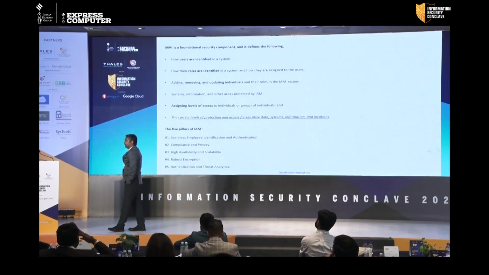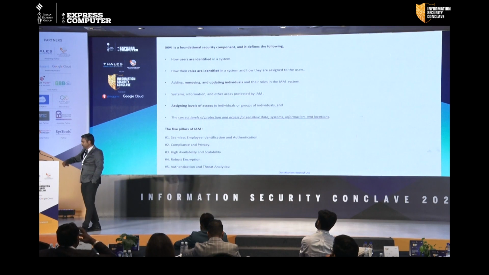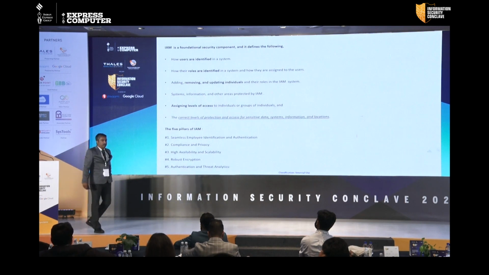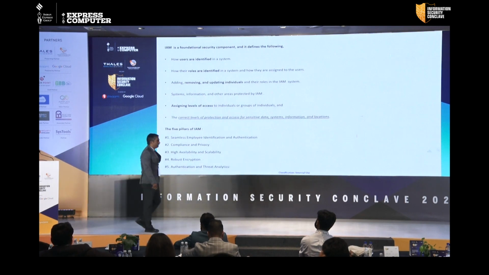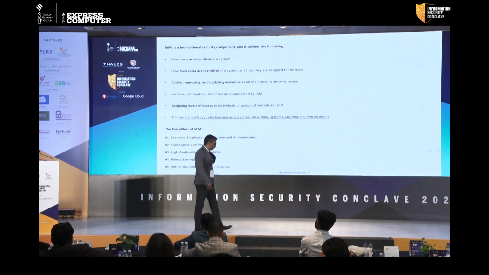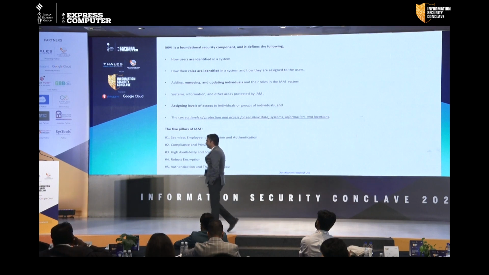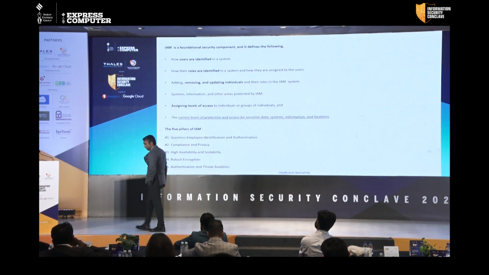It helps us in identifying the existing identities and shadow identities, the identities which are there but not known to the organization, and classifying those identities based on attributes and roles, and provisioning and deprovisioning these identities in a timely manner. For example, there is an event where multiple identities are added, and after this event, the identities need to be deprovisioned.